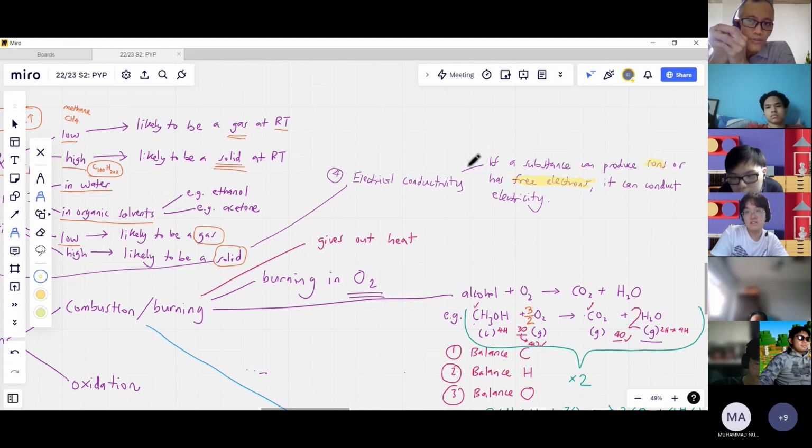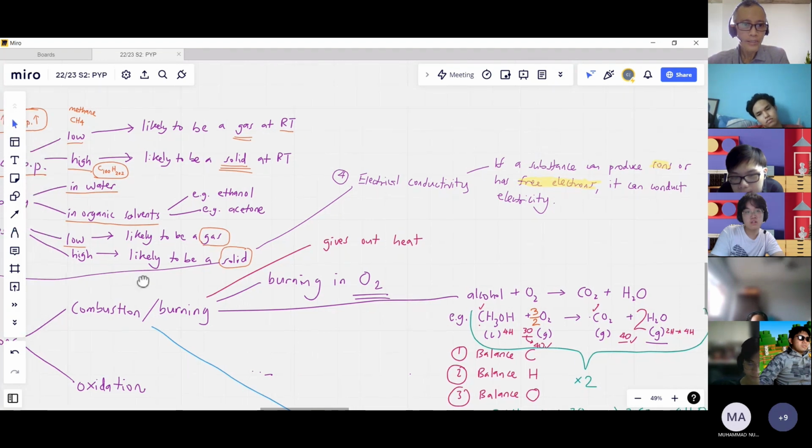Do remember these few physical properties. But of course, you also have to link them to the correct substance. Alcohol, does it have low or high melting point? Or can it dissolve in water? Can it conduct electricity? Yeah, you're supposed to answer those questions. But anyway, one thing at a time, we'll go through them very soon.